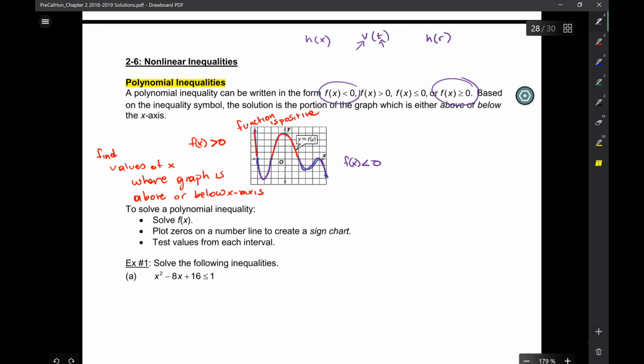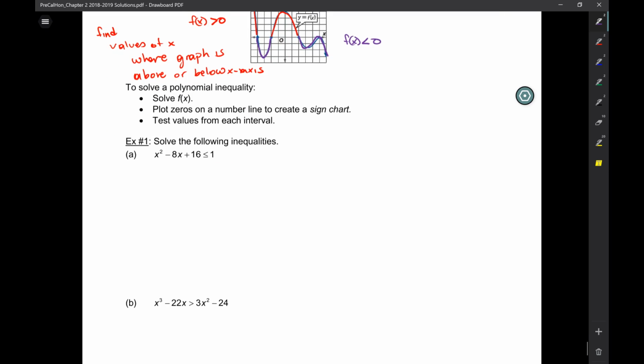The function is h, like the height of something with respect to its radius. The variable inside is radius, right? So don't let that confuse you. Whatever the notation is, you just have to focus on the positive and the negative regions when we're doing nonlinear inequalities.